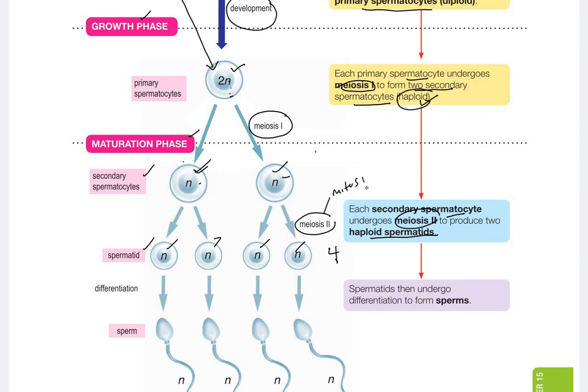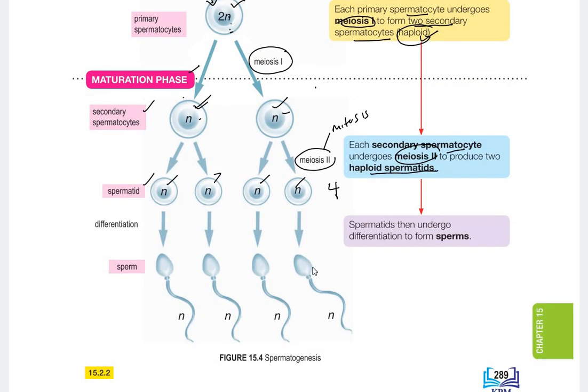That's why the number of chromosomes is still maintained, n. We don't have half n, no. So n. Okay, and 4 spermatids. Okay, and then the next step is the spermatids undergo differentiation to form sperm.